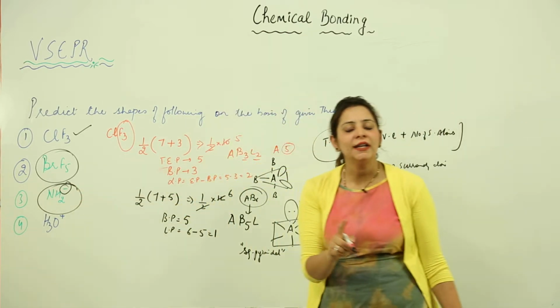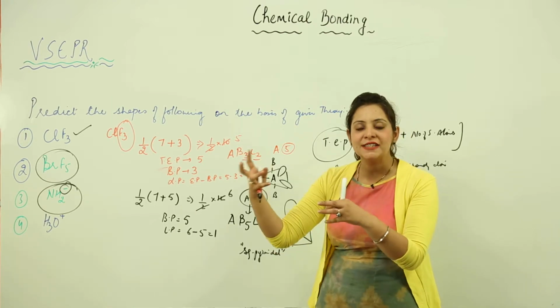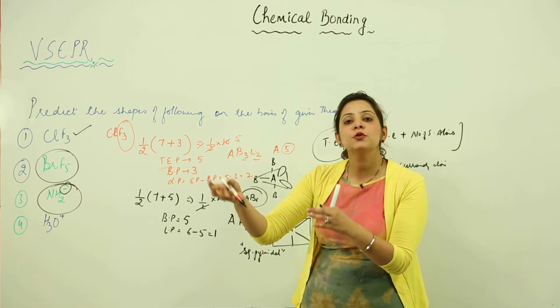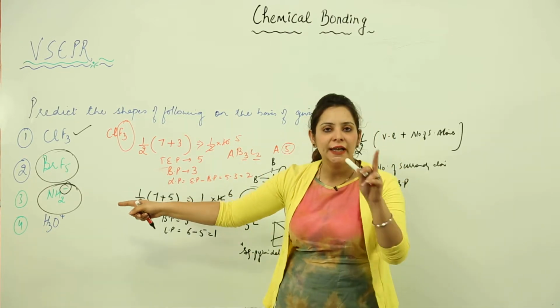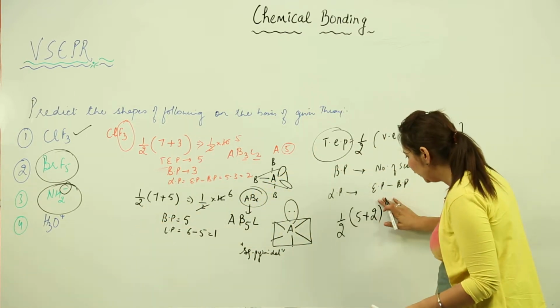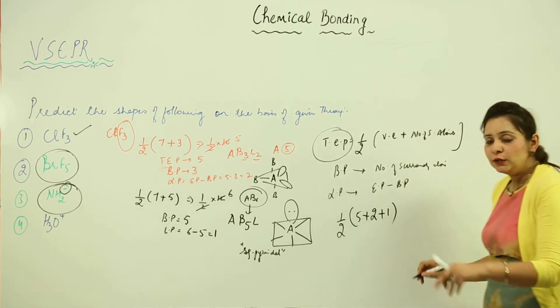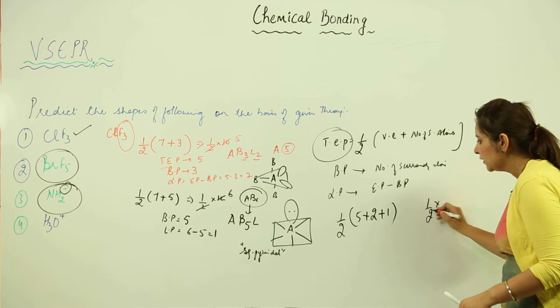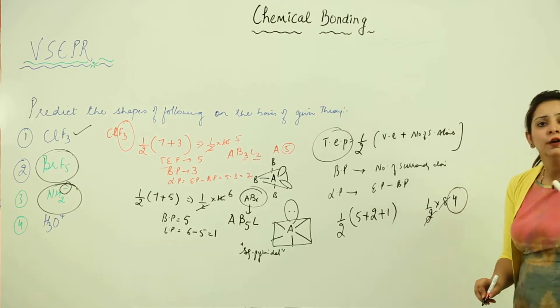If you see a negative sign, you need to add that much, and if you see a plus charge, you need to subtract, that is vice versa, right. So here there is one negative charge, so you need to add one electron. So I am going to add 1. What do I get after that? I get 6, 7, 8. So my total electron pair comes out to be 4.